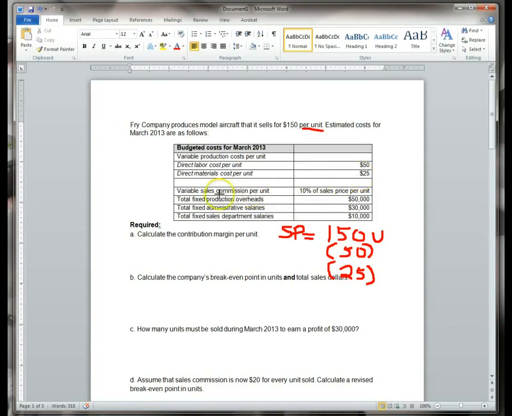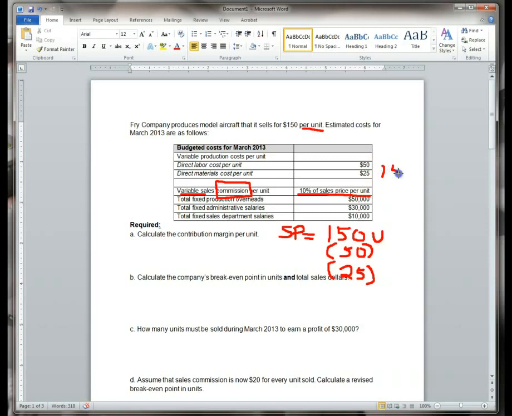Now we have this variable sales commission. We know it's a variable cost because it says variable, it's a commission. Some people don't know what a commission is. If you sell something, let's say you're a salesperson, and you sell one unit for $150, you get paid based on that sale, typically a percentage of that sale. Here it says a commission is 10% of the sales price per unit.